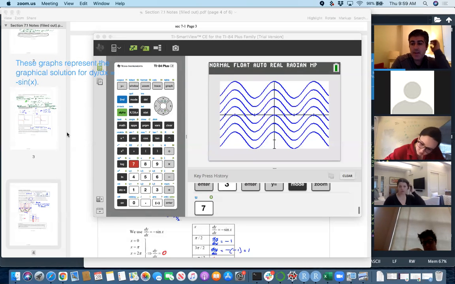Okay, so you can see my text box I just put up. These graphs represent the graphical solution for dy over dx equals negative sine x. So that's what this represents.